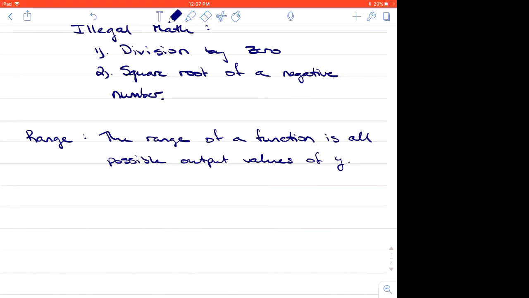Okay. So it's just looking at all your x's in your domain, right? All your legal x's, then all those possible output values of y are your range.